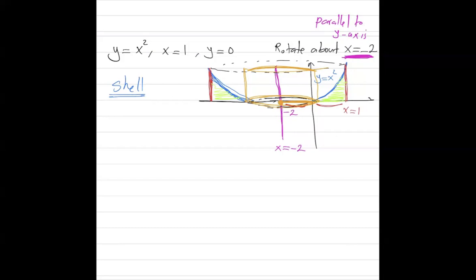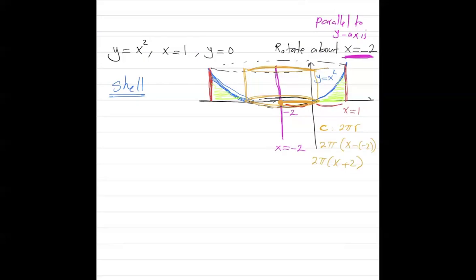If I ask you to find the circumference of the base, which is 2 pi r, what is that radius? The radius is not exactly centered at the origin. We shifted that 2 units to the left-hand side. So the circumference is 2 pi times x minus negative 2, or 2 pi times x plus 2. This is the radius that you're having.